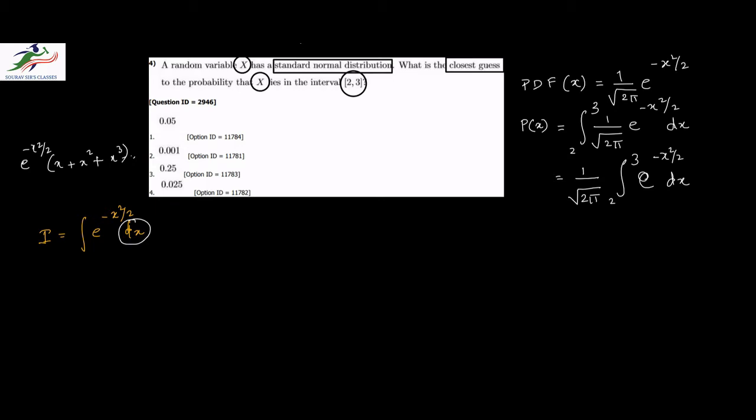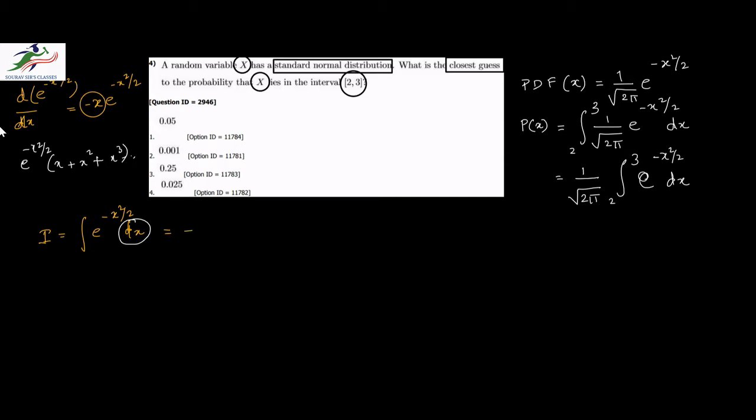So therefore we have to somehow bring in e to the power minus x square by 2 as the integrable function. We know that the differential of e to the power minus x square by 2 with respect to x is minus x e to the power minus x square by 2. So therefore we have to bring in a minus x in the numerator.